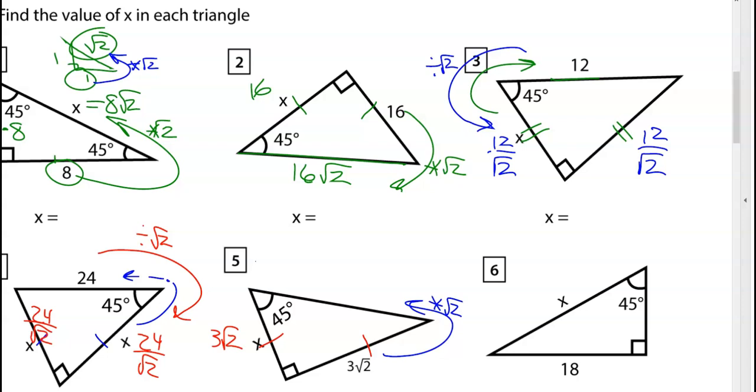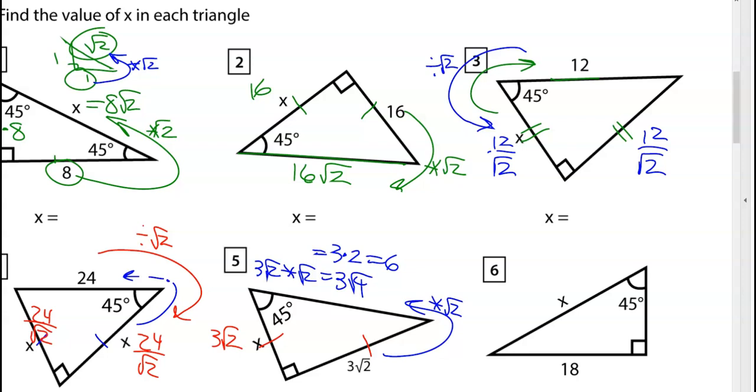So the problem becomes 3 root 2 times root 2. So that's 3 root 4. The square root of 2 times the square root of 2 is the square root of 4, which simplifies to 2. So the final answer, the hypotenuse you're asked to find, would be 6. That's our problem 5. Hypotenuse would be 6.